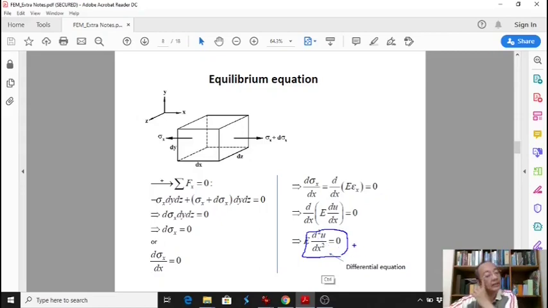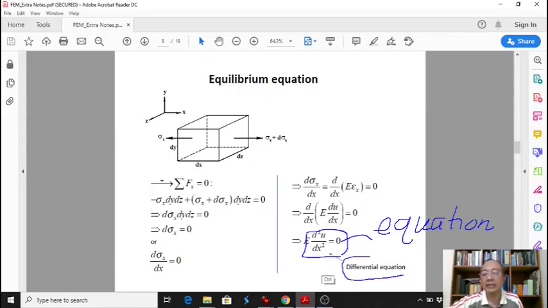This forms an equation, which we call a differential equation. We have one course in the civil engineering program on differential equations.